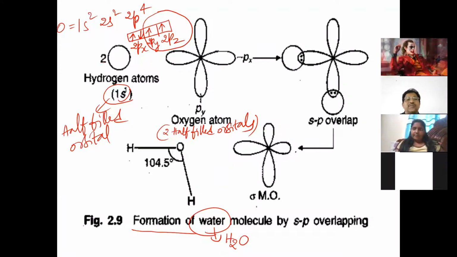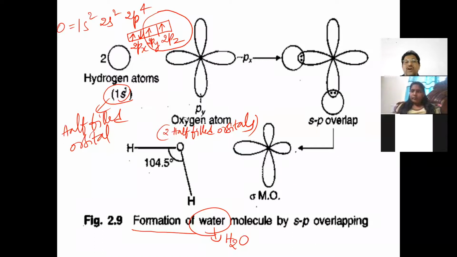How many hydrogen atoms have we taken here? 2 atoms of hydrogen, 1 atom of oxygen. So 1 oxygen atom and 2 hydrogen atoms combine to form the water molecule. In the water molecule, see what happened here: s orbital of hydrogen, p orbital of oxygen. Here also s orbital of hydrogen, p orbital of oxygen atom.